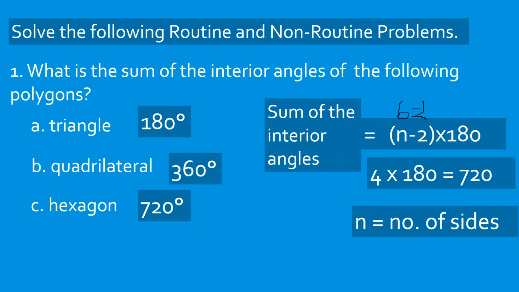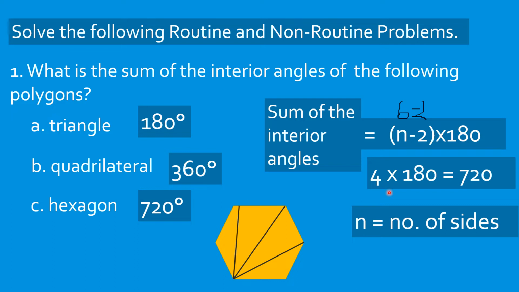Or let's say, again, you forgot this formula. Another way to find out is you can draw the polygon, let's say hexagon, 6 sides. Then you can divide it into triangles. That's one triangle, another triangle, another triangle. So we have here 1, 2, 3, 4. 4 triangles. That's why this is 4.